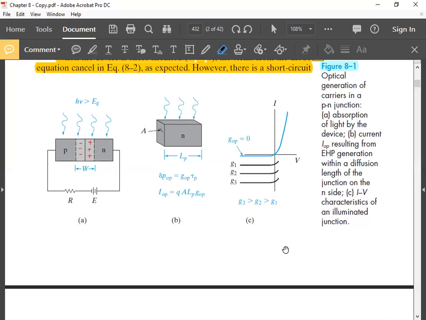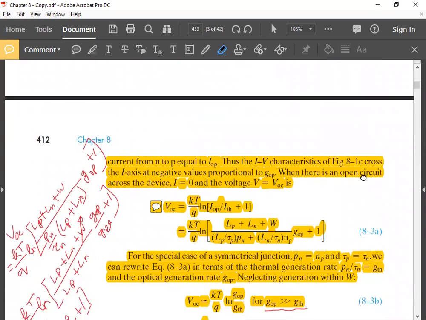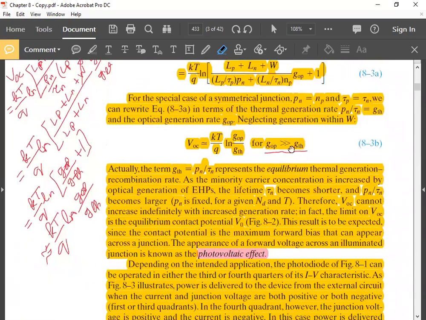So G_OP much greater than G_thermal is practical. Then G_OP by G_thermal is much greater than 1, so we can ignore this one. Again, just simplification. So this becomes kT by q ln G_optical by G_thermal.